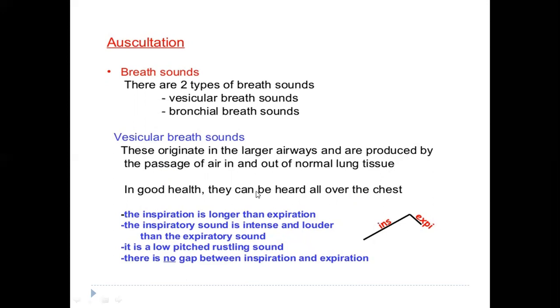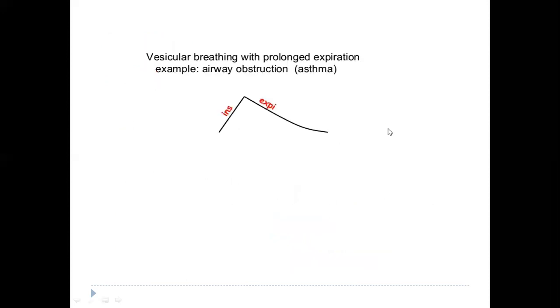Here the inspiration is longer than expiration. The inspiratory sound is intense and loud. It's clear. It is a low-pitched rustling sound. And there's no gap between inspiration and expiration. These are the features of a normal vesicular breath sound. You can see here in asthma, there is prolonged expiration.